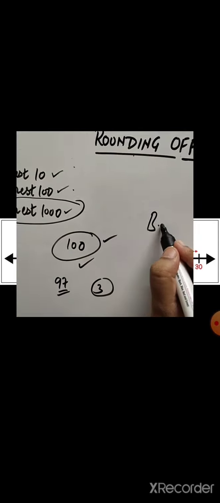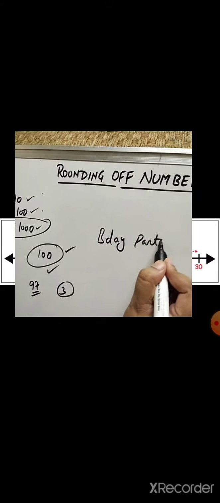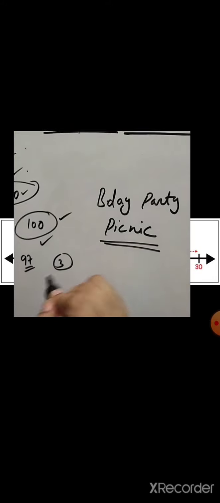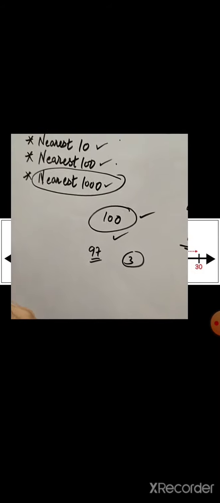Even when you plan for your birthday party, or some pool party or some picnic, you take a random figure into consideration: this much will be spent here, this much there. Randomly it is going to be 5,000. It does not mean that it is going to be 5,000 only.